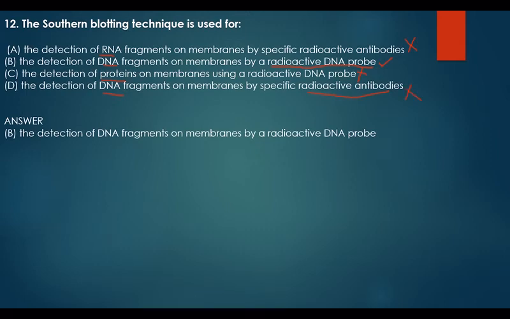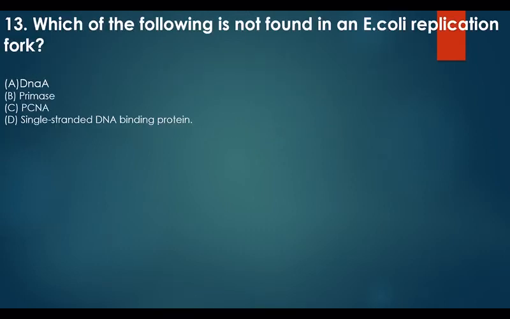Next is, which of the following is not found in the E. coli replication fork? These four options are needed for replication. DnaA is the first one to approach oriC. It is responsible for unwinding the DNA, and after unwinding it, it will be removed.